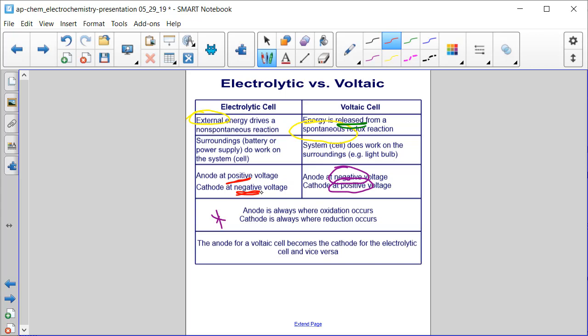Remember that external power source, the battery or whatever it's plugged into, switches the reaction to happen in the opposite direction. So the anode and the cathode switch places because the electrons are traveling in the opposite direction. Hopefully that summary helps.